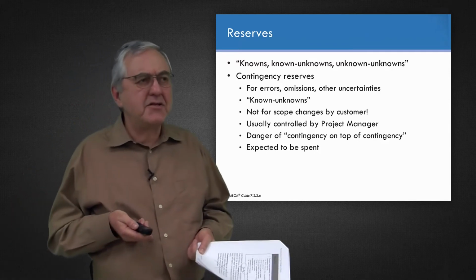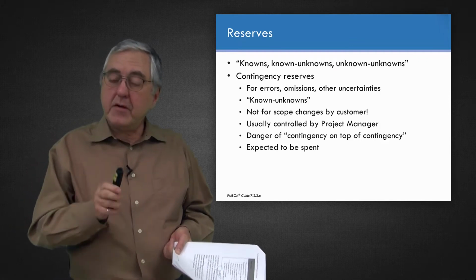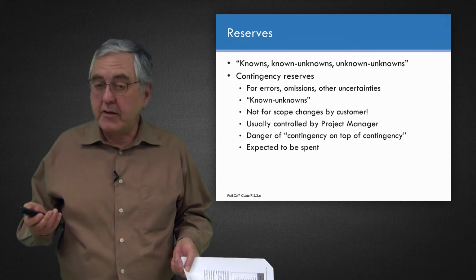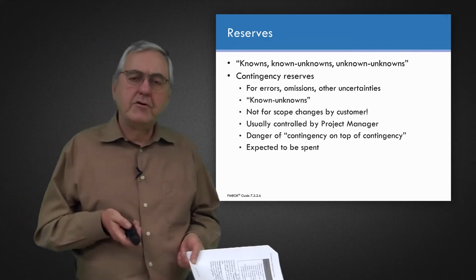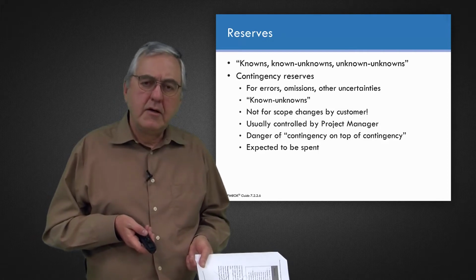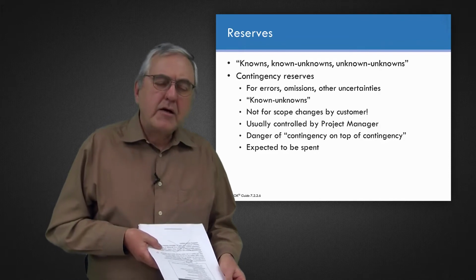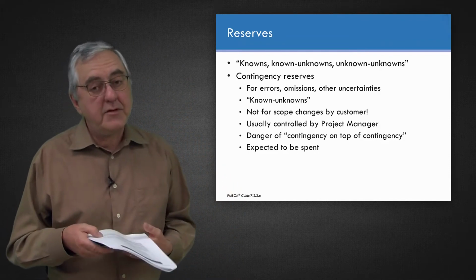And depending on the context, the estimate that's reasonably achievable could be a 50% achievable estimate, or it could be a 75 or 80% achievable estimate. A good place for further discussions of this is also within project risk management. But when we are preparing our contingency reserve, there is the danger that there'll be contingency on top of contingency.